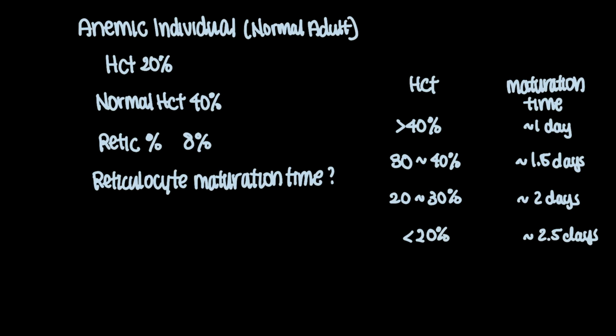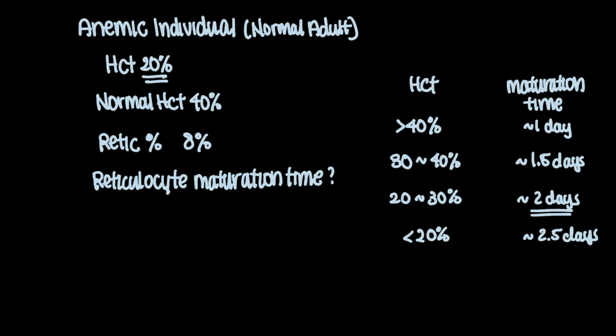So essentially, if we see a reticulocyte percentage of 8%, and the hematocrit is about 20%, that means about half of those reticulocytes have been in the blood since yesterday. The other half, or about 4%, are the reticulocytes that have been newly introduced into the blood.